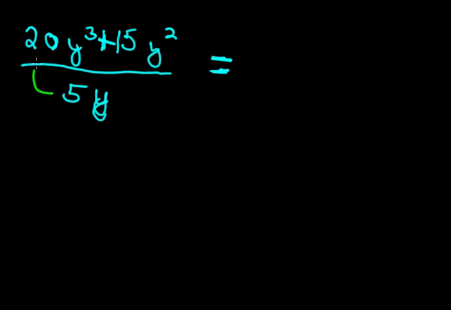So they'll go, I'll divide this by 5y, which gives me 4y squared. Then they'll come over here and go, I'll divide this term by 5y, and that'll give me 3y.